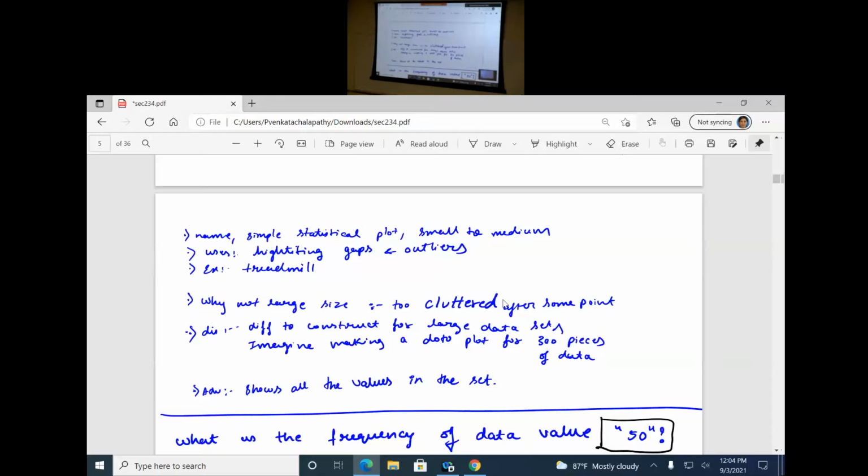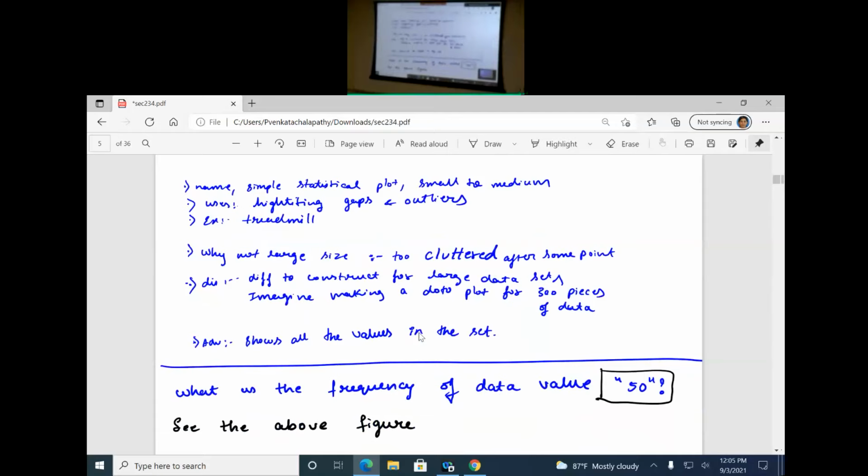It's a data or it's a value which lies in a very outer region or which lies very far away from other sample data values. That is called as outliers. So this dot plot is very helpful in highlighting those gaps and outliers. Okay, for example, if you have seen in the treadmill, you will see the minutes, right? So that is in the form of dots and it creates a pattern. So that is an example of a dot plot.